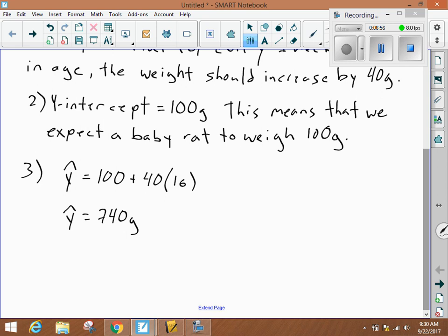So you're not just giving a number that you're talking about in the problem. You can even be super precise and write the sentence. The expected weight is 740 grams. That's even better.